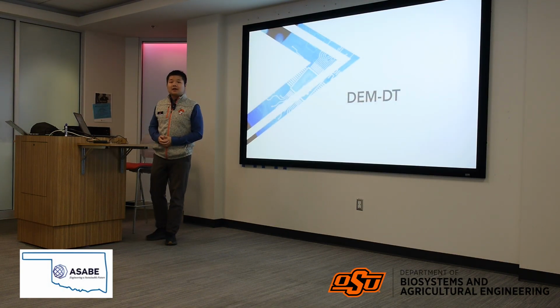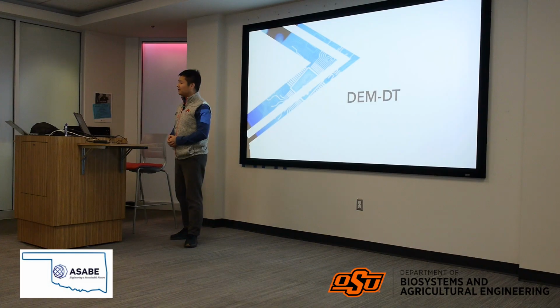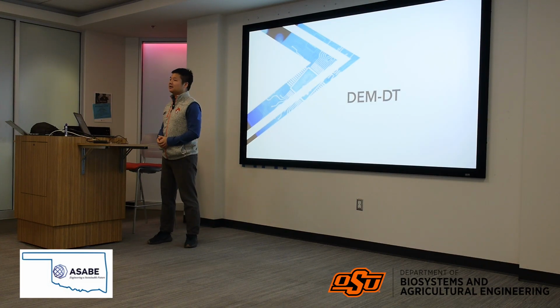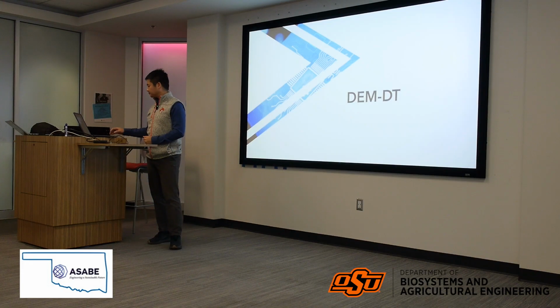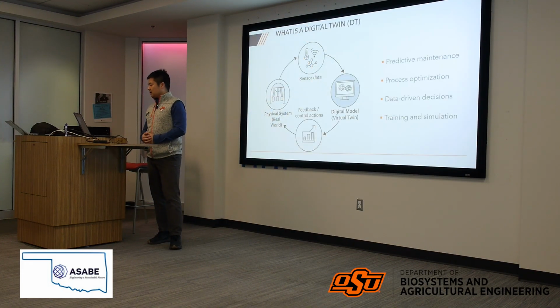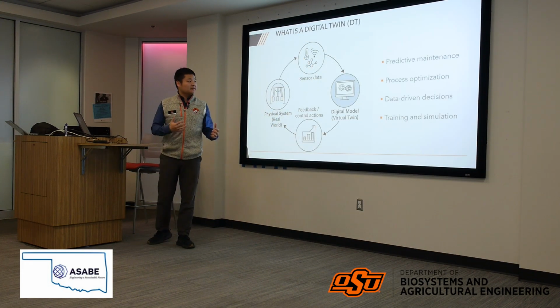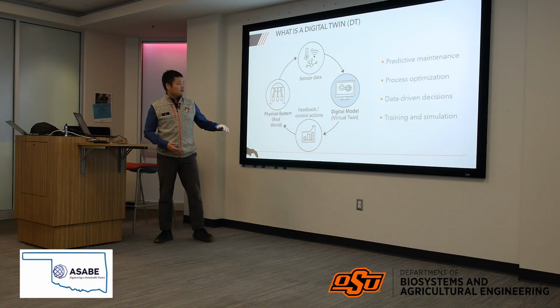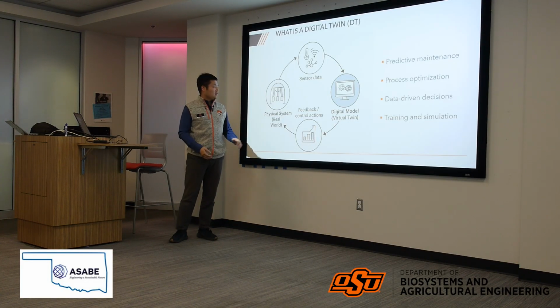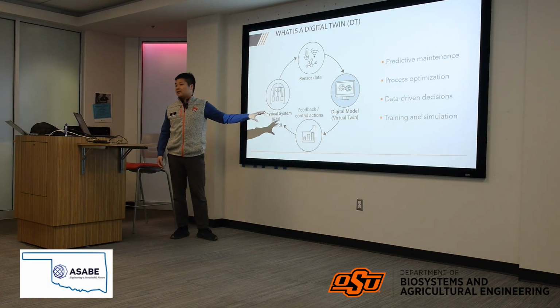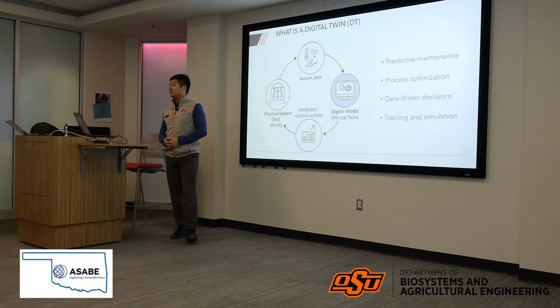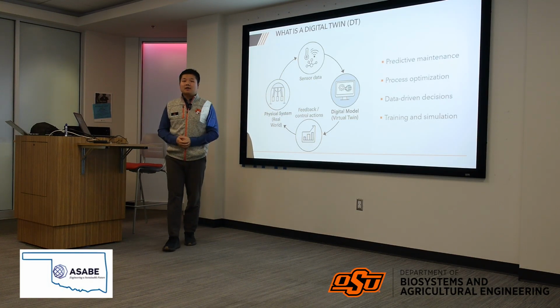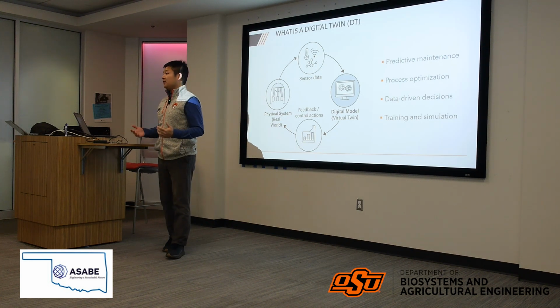All right, so that's what brings us to the topic of DEM and DT. What is a discrete element method and what is a digital twin? So first, let's try to get a sense of what a digital twin is. A digital twin in a nutshell, as this diagram illustrates, you have a physical system, and this physical system can be anything. It can be a machine, a greenhouse, even an entire farm.